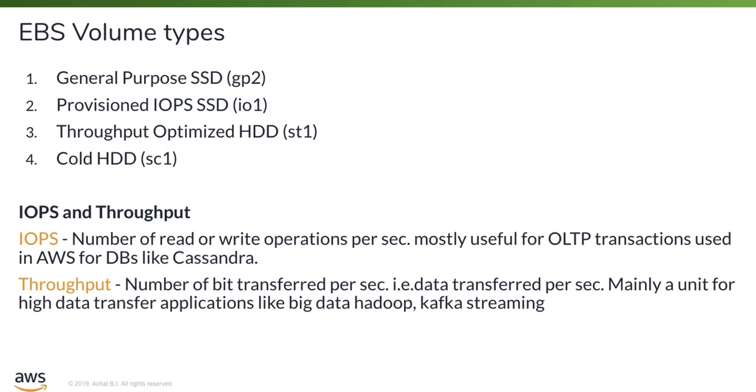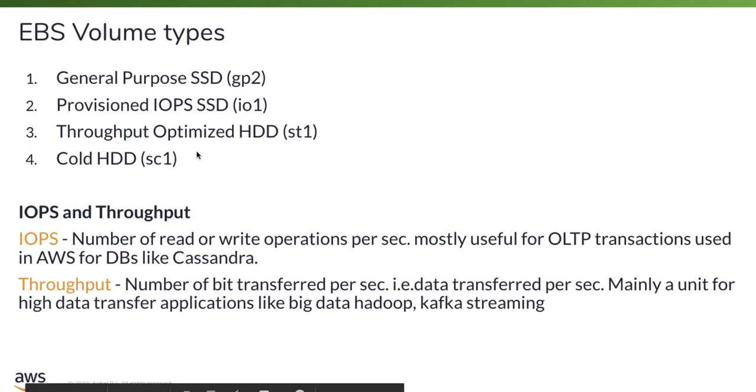But if you are looking for more data transfer, you could use throughput based volumes. Throughput is the number of bits, or amount of data, transferred per second, so it is basically used for big data, Hadoop or Kafka streaming.